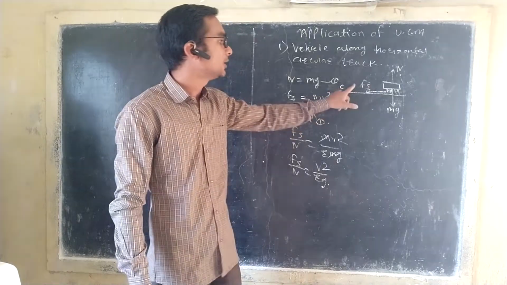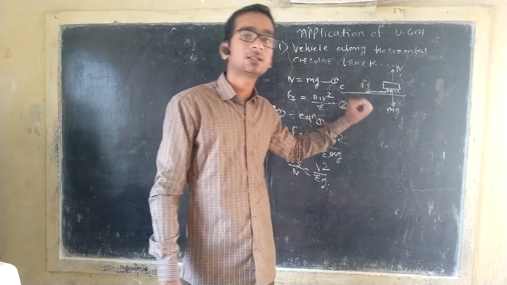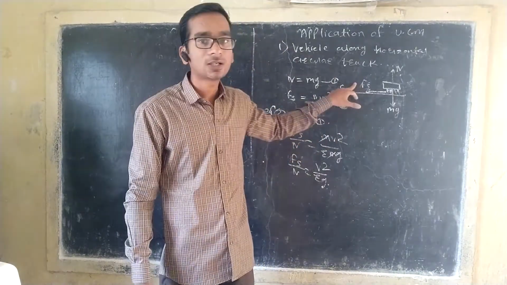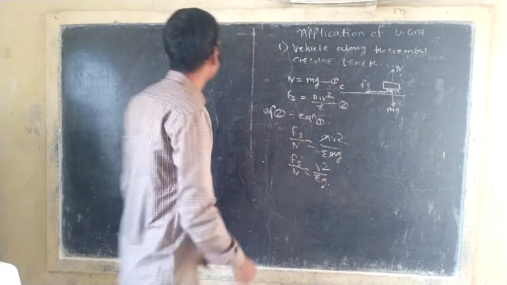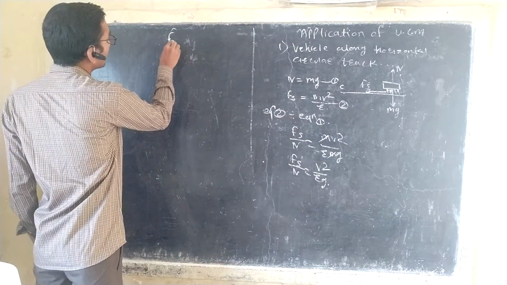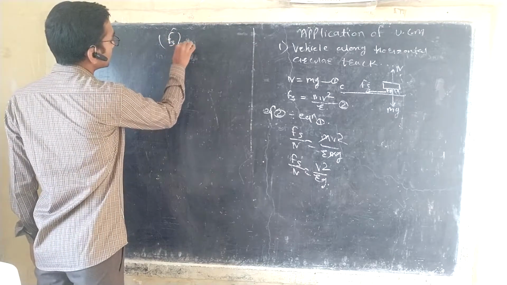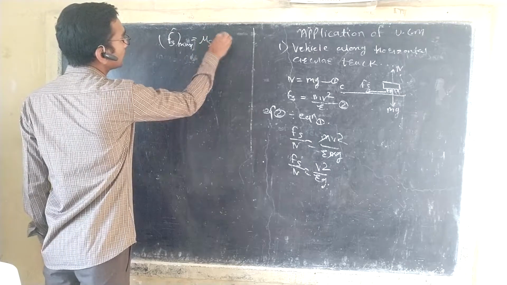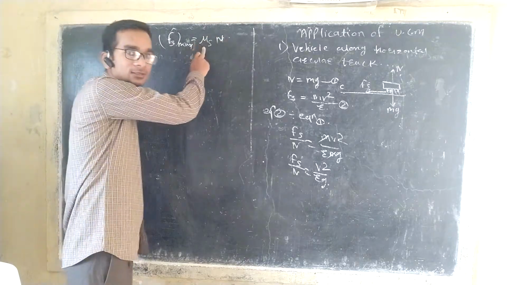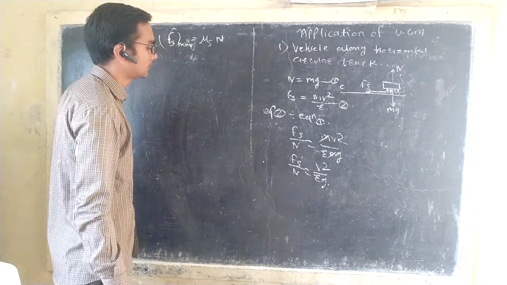At a certain time the frictional force will become constant. So the maximum frictional force will be mu s into n. And what is mu s? Mu s is the coefficient of static friction.